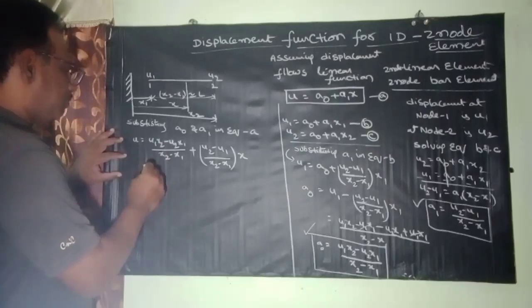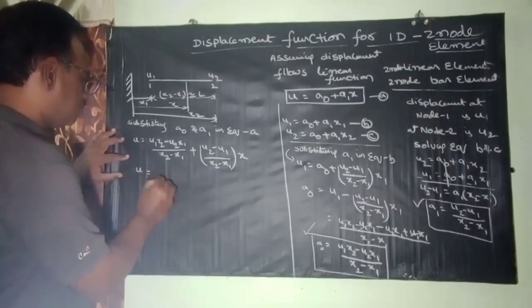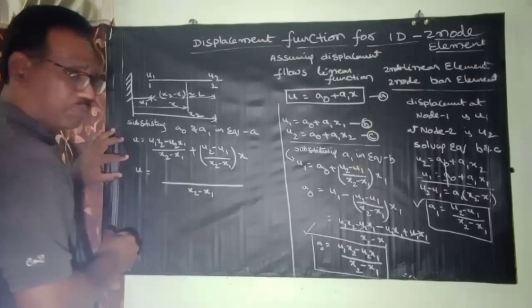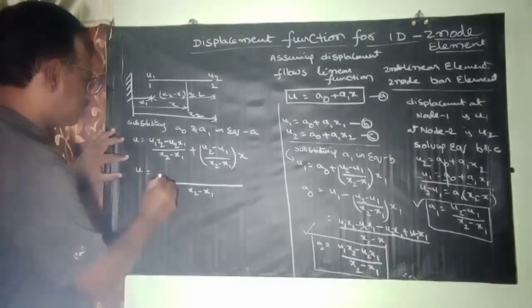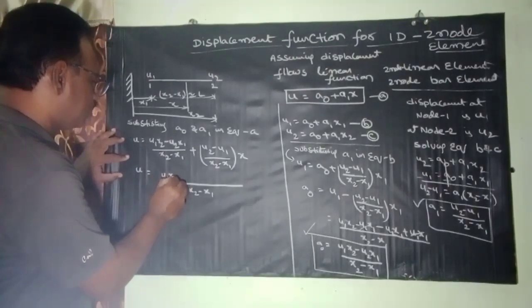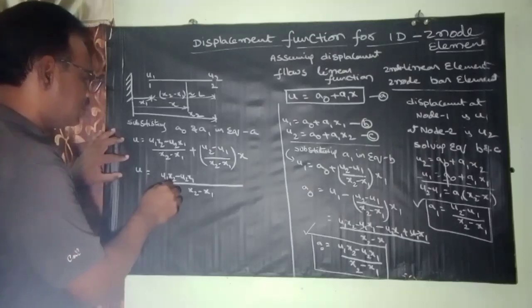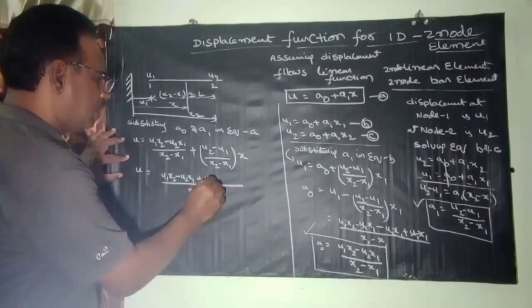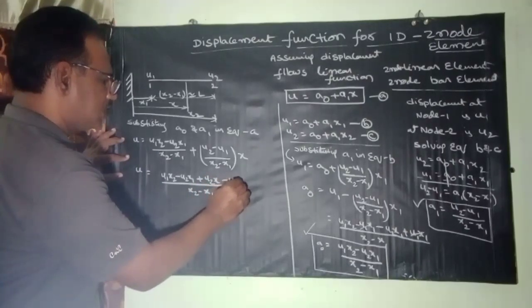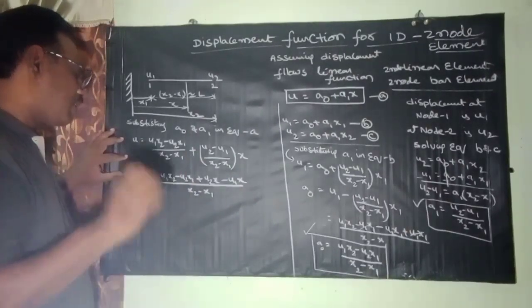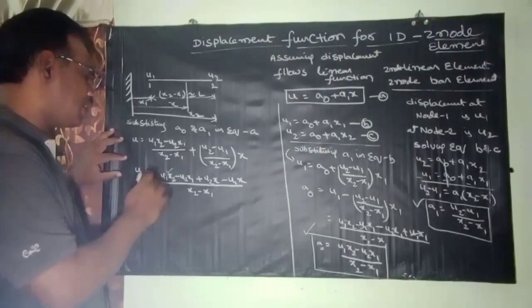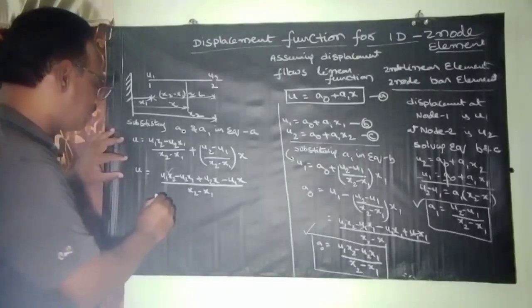Now I am further simplifying this. u equals, with x2 minus x1 common, u1 x2 minus u2 x1 plus u2 x minus u1 x. Now I am taking the u1 terms one side and the u2 terms one side, and rewriting in equation form.